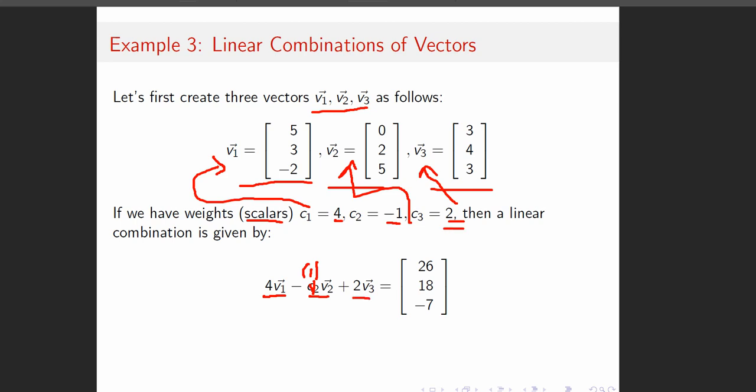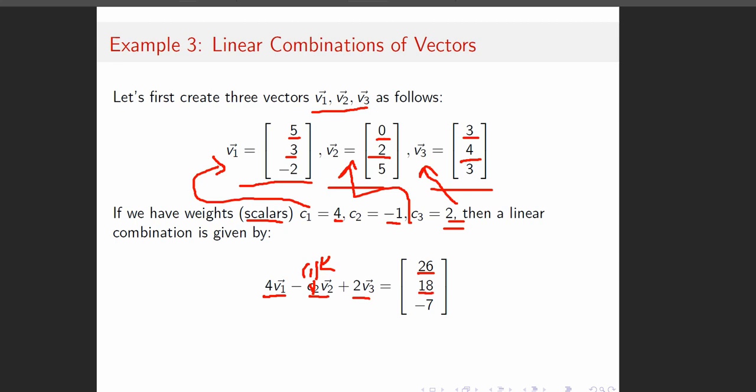And notice that the math does work out, right? I'm taking 4 times the 5 and getting 20. 0 times anything is 0. So I have 20 plus 6, right? The 2 times the 3 gives me 6, and that is in fact 26. I take 4 times 3 and get 12, minus 2. 12 minus 2 is 10, plus 2 times 4 is 8, so 10 plus 8 is in fact 18.